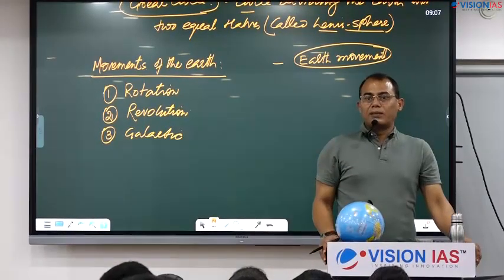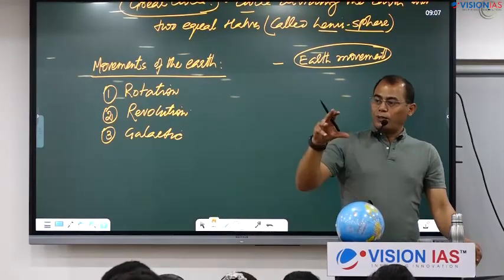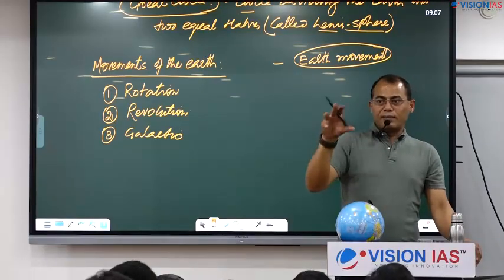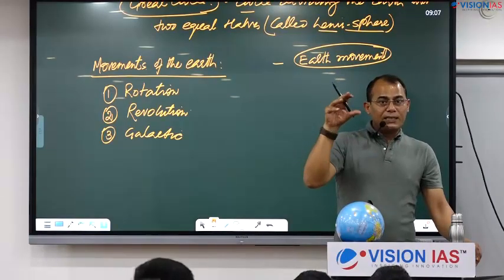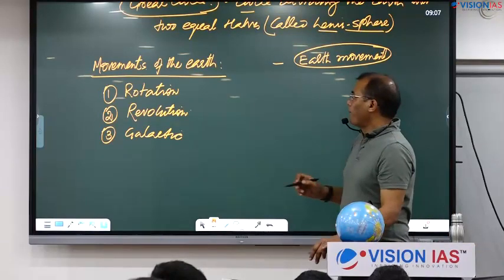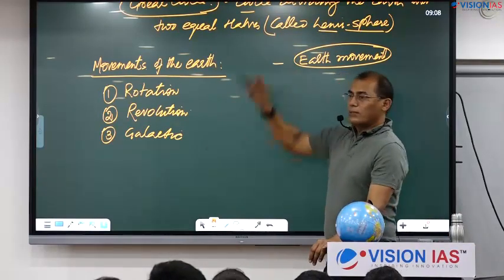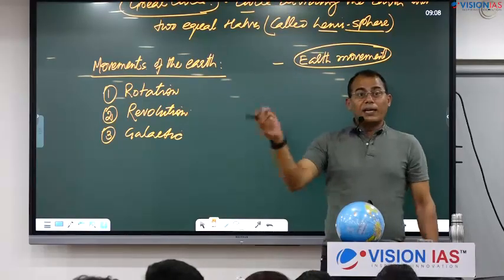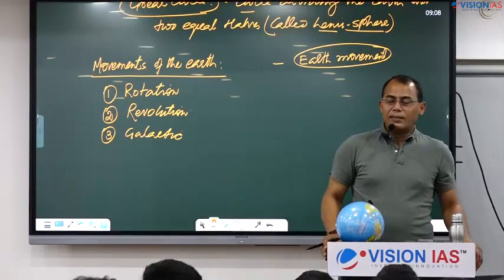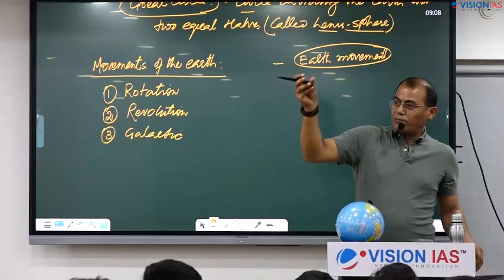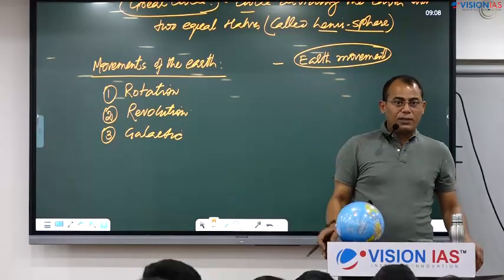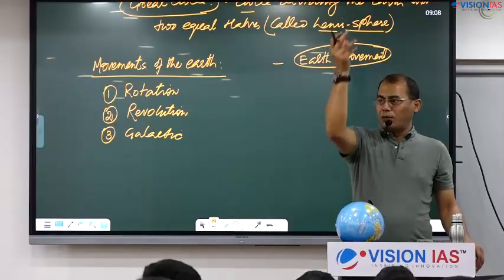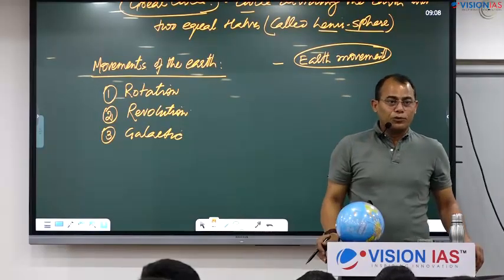Movement of the earth means the movement of the earth as a single entity, as one single coherent body. Rotation is the earth rotating as a body. When you have a landslide, this is movement of particles within the body of the earth. Magma rising up is called earth movement.